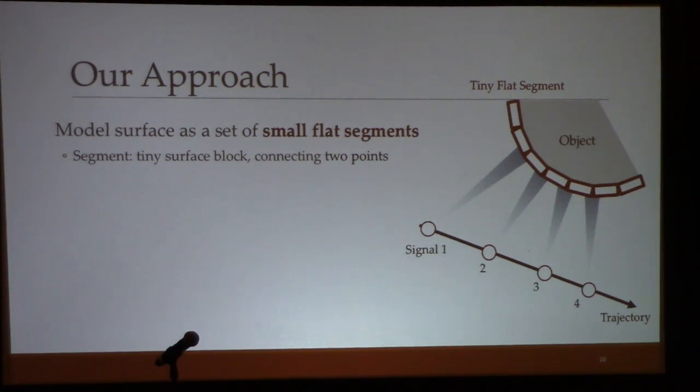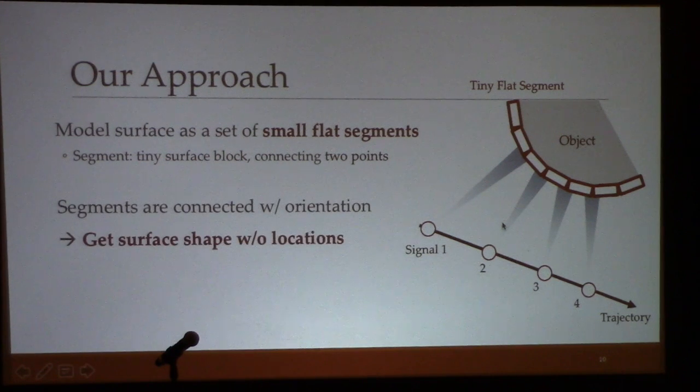Each segment is a tiny flat surface block that connects every pair of the center points that you saw. What's great about this is that segments have orientations, and they are naturally connected together. What this means is that if we can detect these segments with orientations, we can connect them together to recover the surface shape, and we don't need to locate each individual segment anymore.